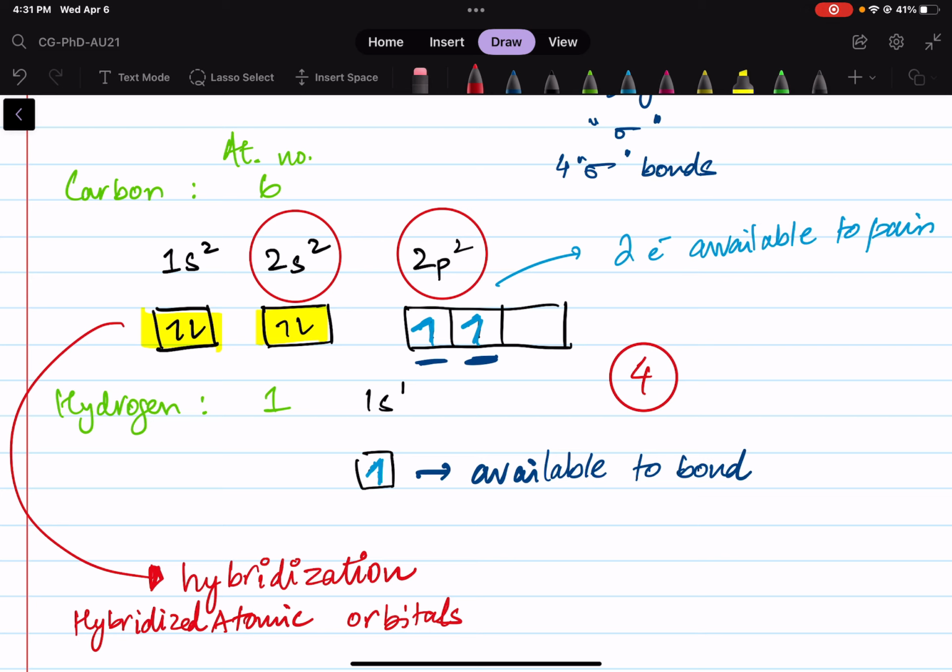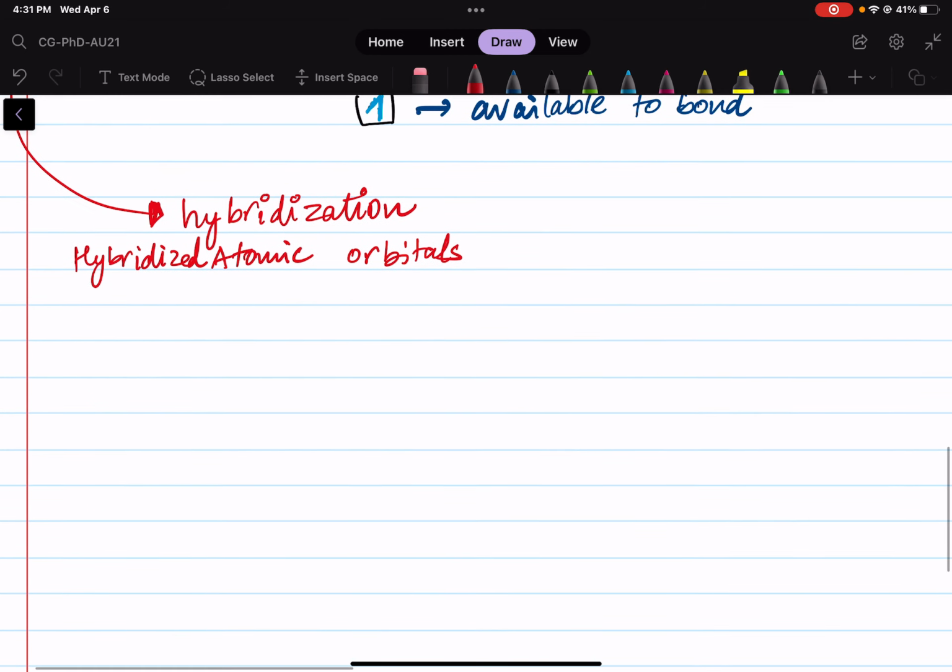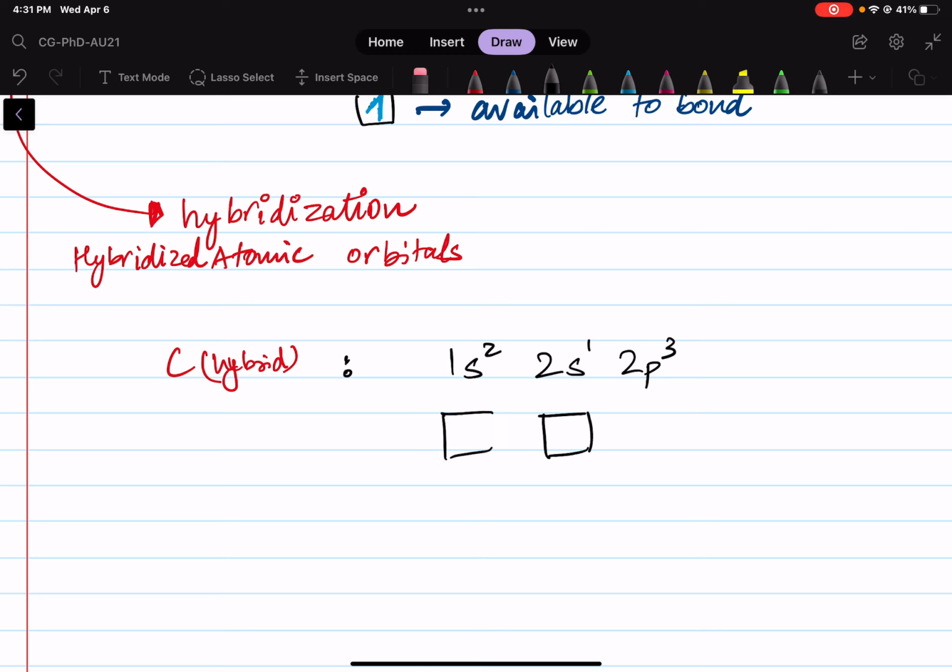So this electron jumps from here to the higher energy to come to a more stable state. So carbon, I can write it as hybrid. You can write this electronic configuration as 1s2, 2s1 and then 2p3. And if you draw it out, this is how it'll look like.